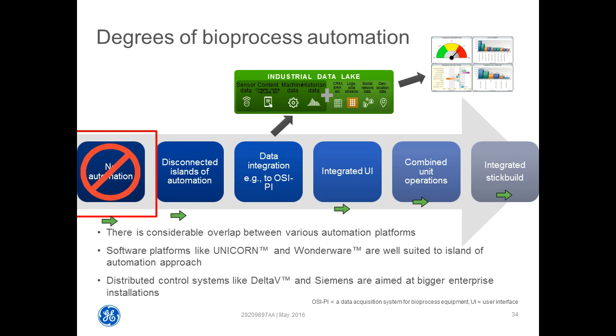You're able to run your process dynamically based off of QbD or process analytical technologies, do real-time product release, and dynamically adapt the process to the variations of your inputs.